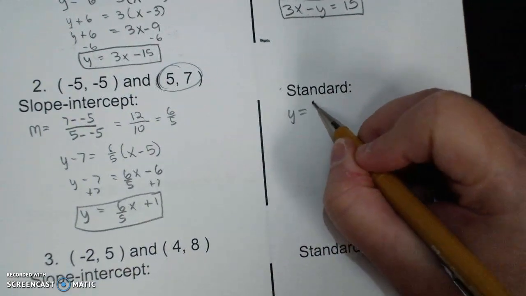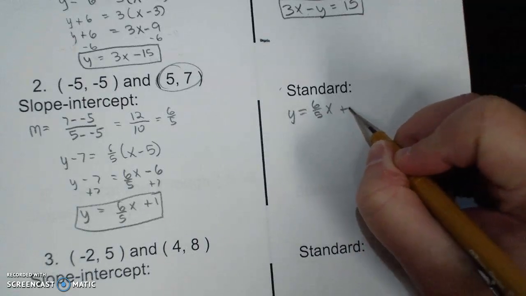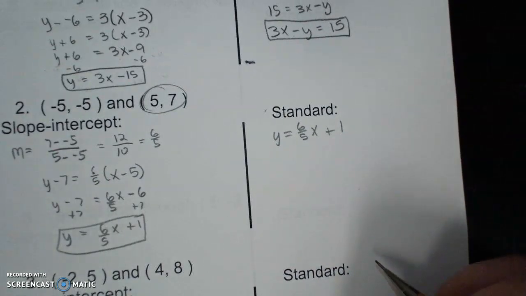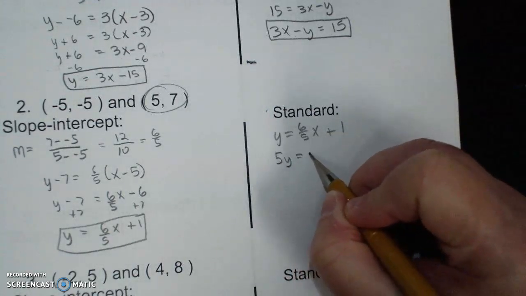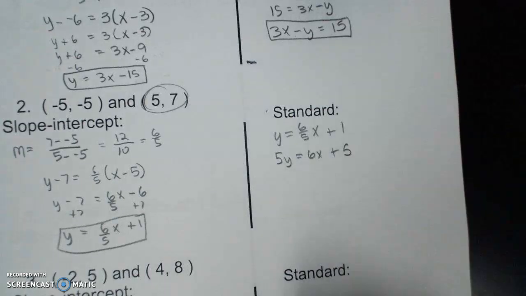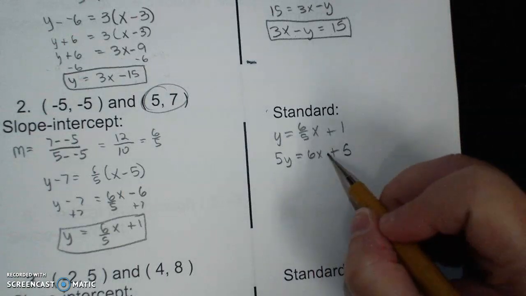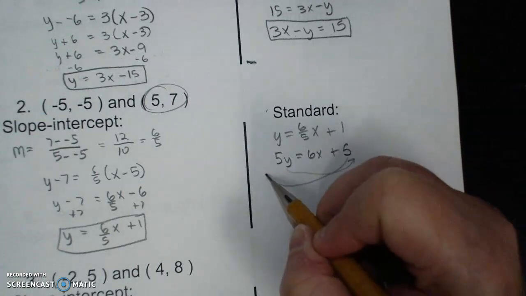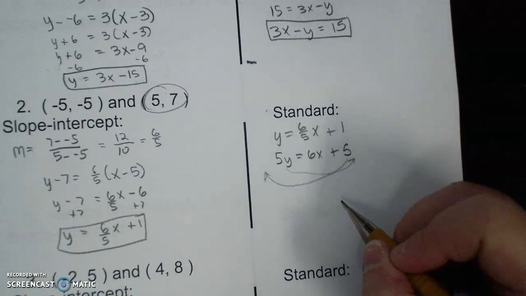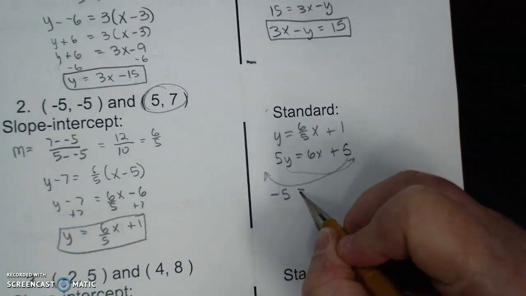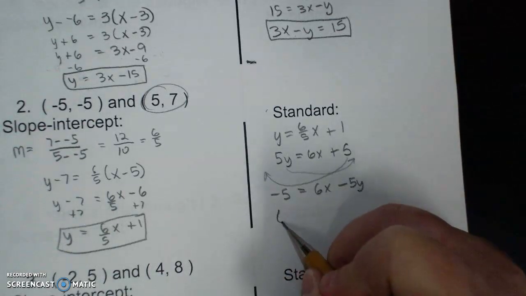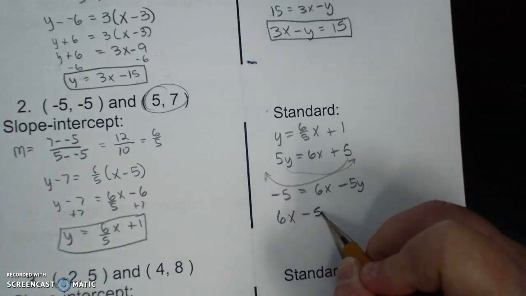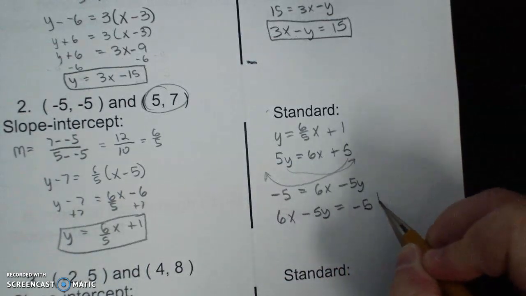Start with slope intercept, 6/5 x plus 1. First thing I'm going to do is multiply everybody by 5. 5y equals 6x plus 5. I'm going to pull the 5y over here and the 5 this way. -5 equals 6x minus 5y. 6x minus 5y equals -5.